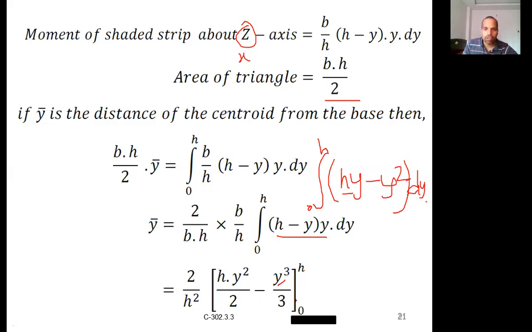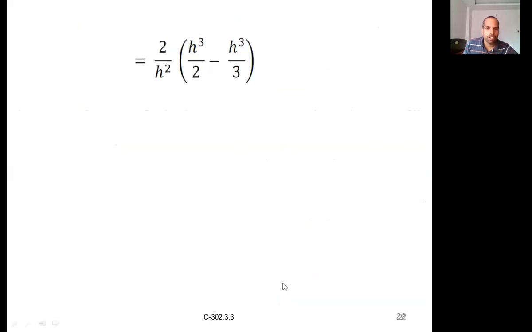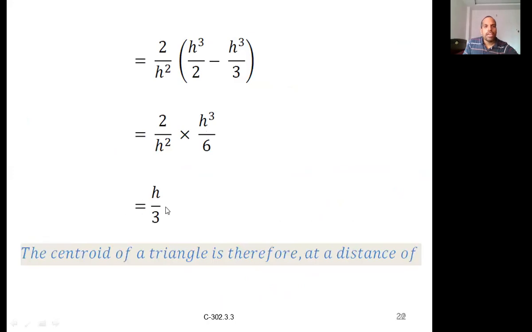If you substitute 0, that becomes 0, so only the upper limit gives the value. So 2 by h square into h cube by 2 minus h cube by 3. Take the LCM and simplify it, and we get y bar is equal to h by 3.